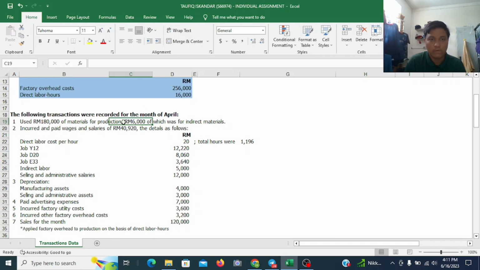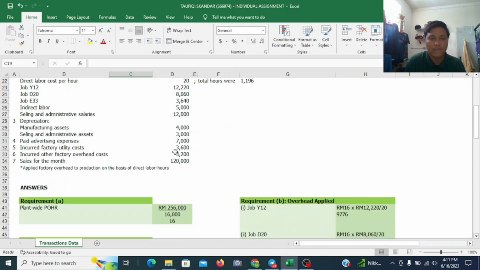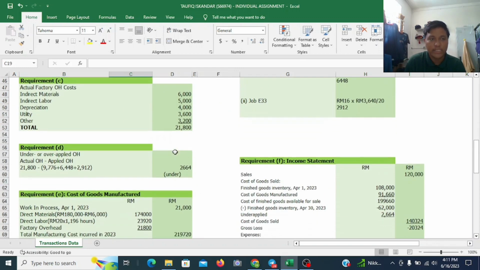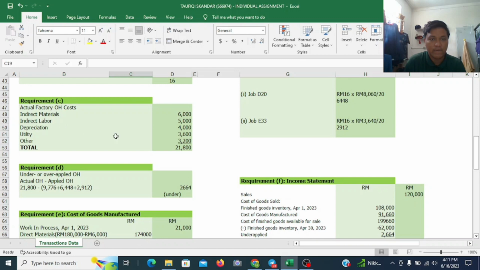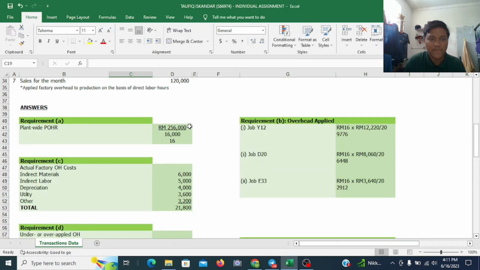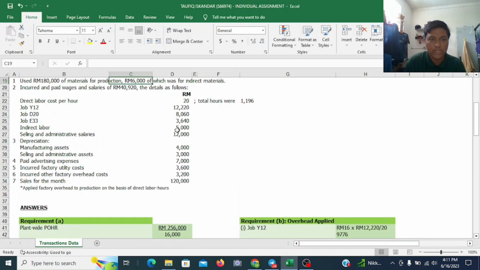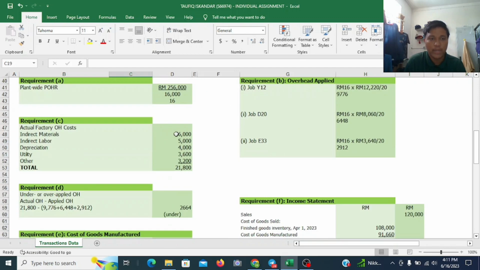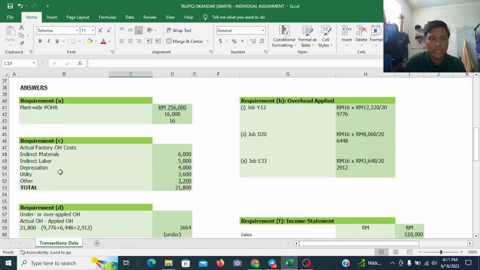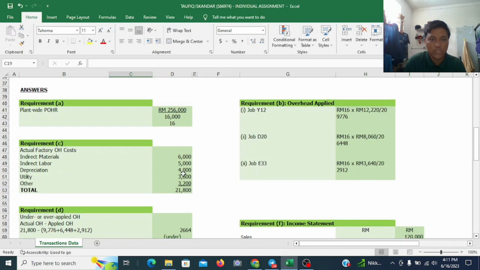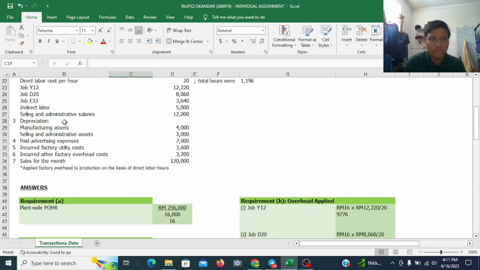Then the second item is indirect labor, which is 5,000. So this is the value. Then the third item is depreciation, which is 4,000. Depreciation, we see the manufacturing asset, 4,000.